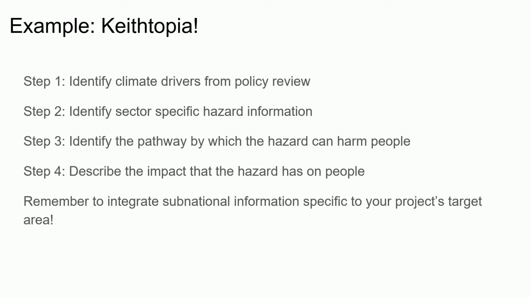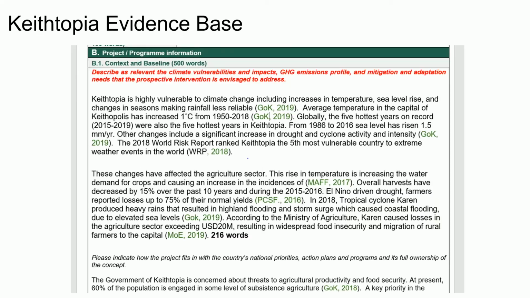We're going to look for analyses and information on how the physical processes we described in step 1, like increasing temperature and changing seasons, may affect crop growth. In our example of Keytopia, we were able to identify a vulnerability assessment conducted by the Ministry of Agriculture, Forests, and Fisheries, as well as some other information describing hazards like drought. So we'll use that, right?